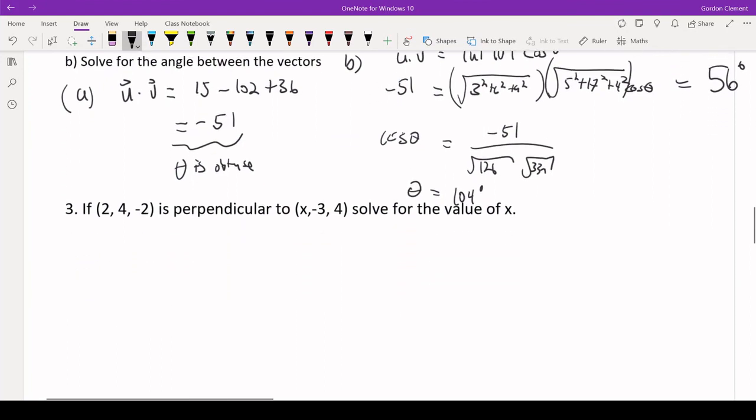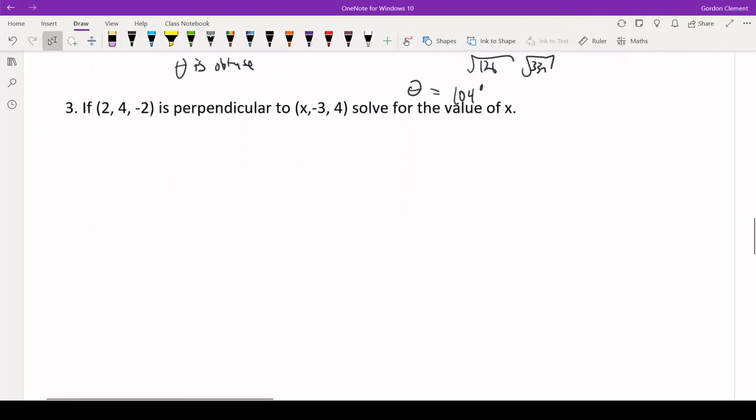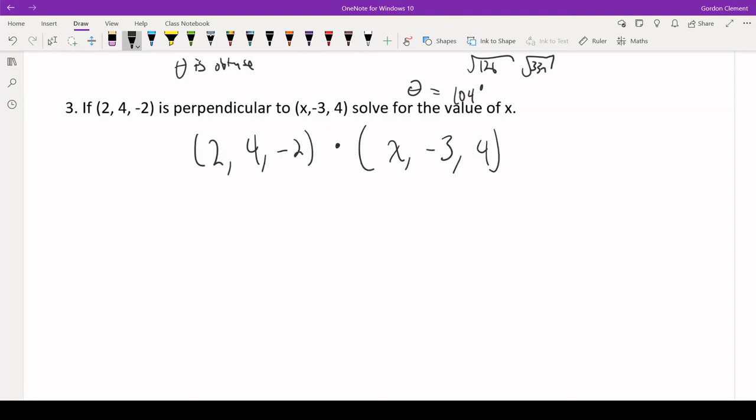Okay, and then for this last one, again, I kind of gave a hint when I talked about what dot product's useful for, so see if you can take an attempt at this. This vector, 2, 4, negative 2, is supposed to be perpendicular to x, negative 3, 4. It wants you to solve for the value of x. So the idea here is, if vectors are perpendicular, then their dot product will equal 0.